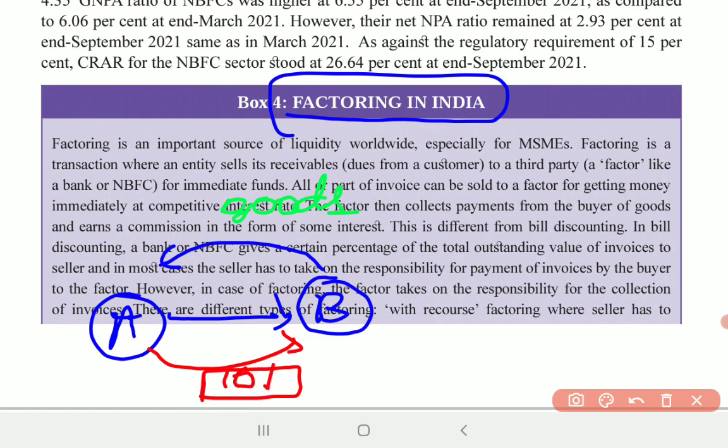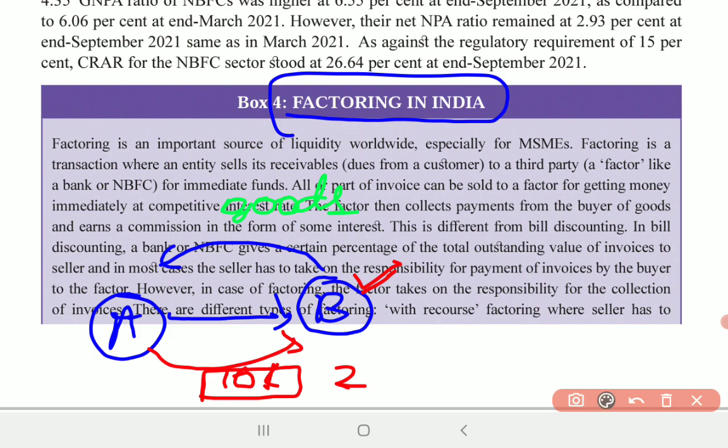Suppose goods worth 10,000 have been bought by A. He will give a bill for 2 months or 3 months, whatever the time period may be, and after that period A will say that I will return the amount if you return this bill. B will accept because he wants business to happen on a credit basis.